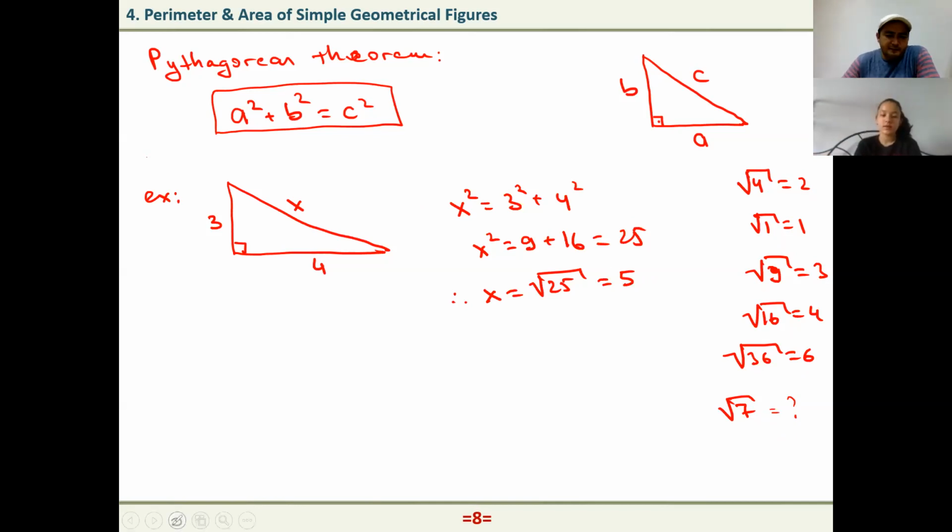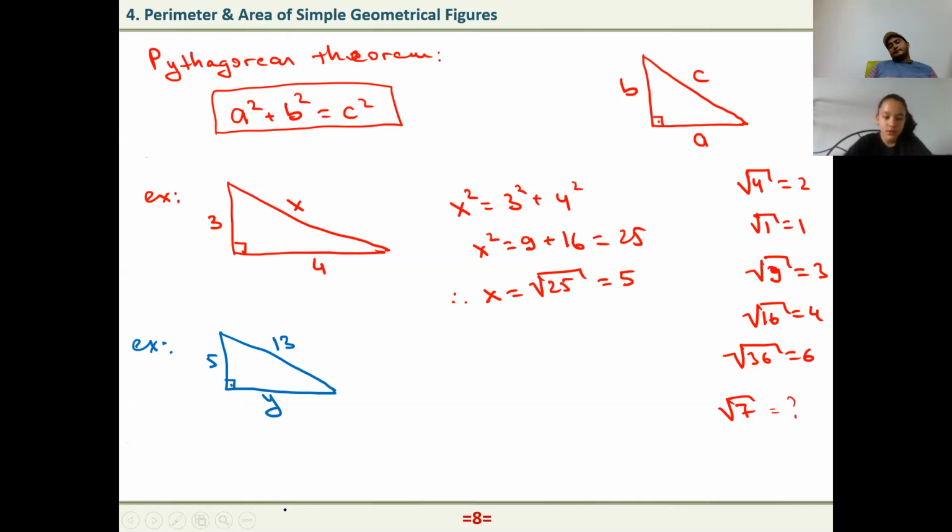Let me give you another example. How about this example? Let's say this side is 5, this side is 13, and this side is y. Can you evaluate this? What is y?